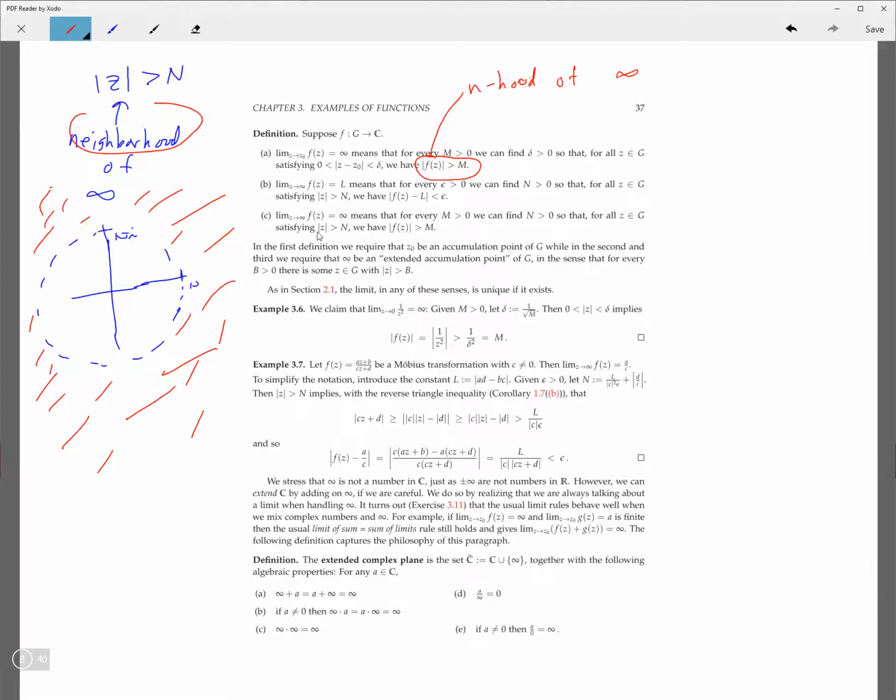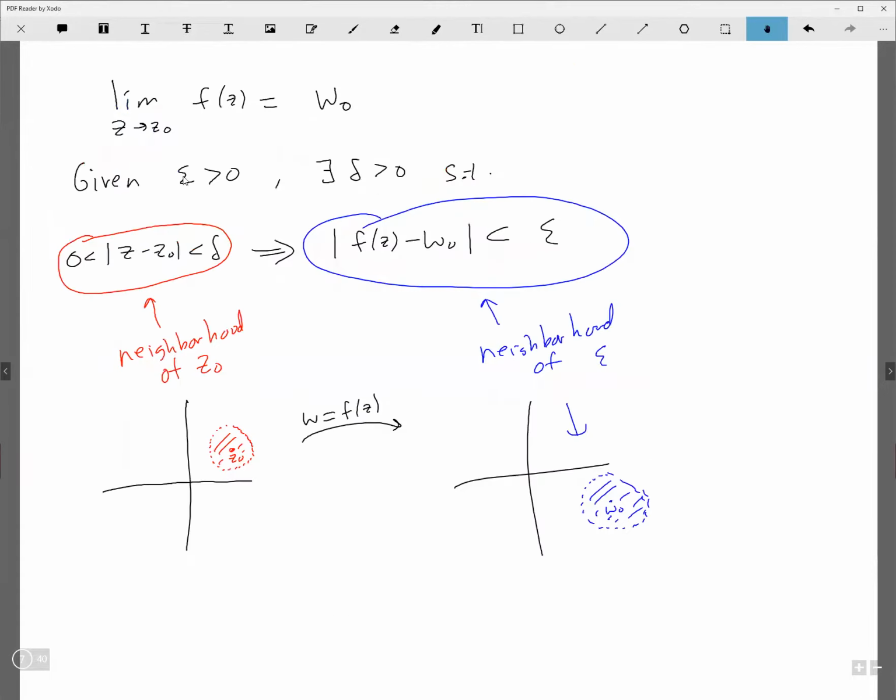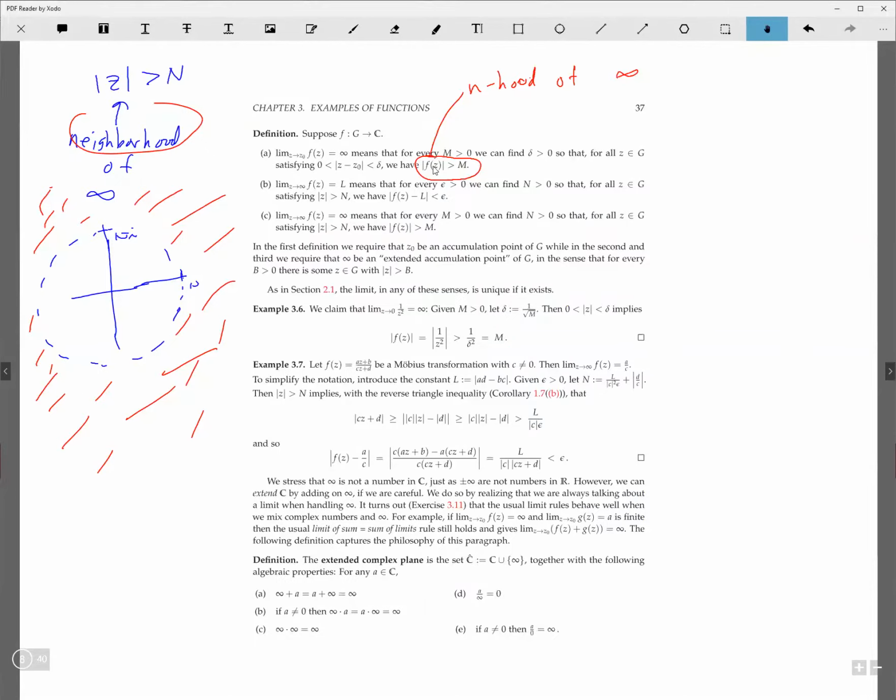Okay, so in the definitions, whenever infinity appears over here, or over here, you replace that part with this. So if infinity appears right here, you replace this with this.